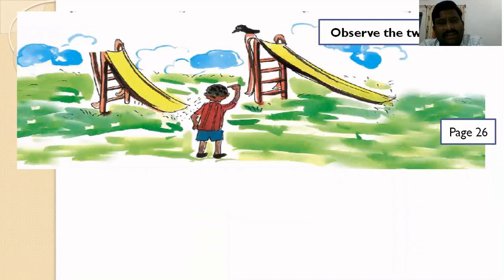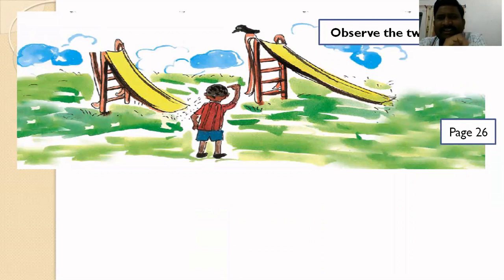Now observe these slides. There are 2 slides. 1, 2. So how can the concept of angles be used in day-to-day life? This is the best example for that. One of the best. A boy went to the garden and he is seeing 2 slides.